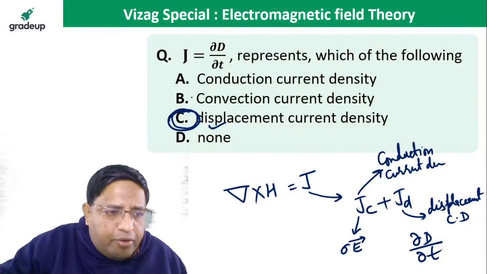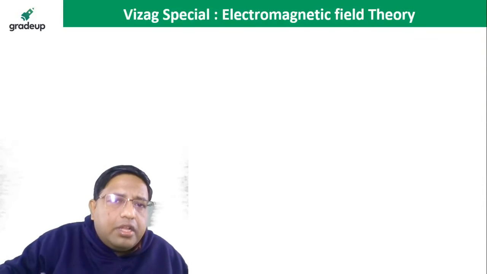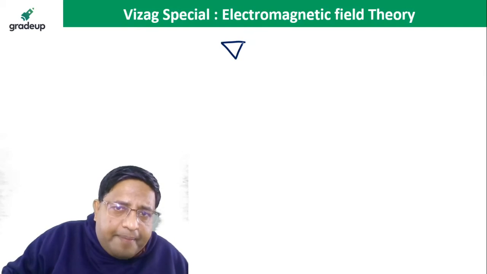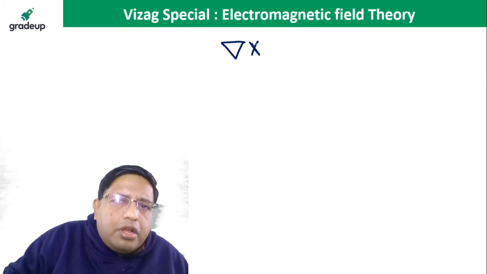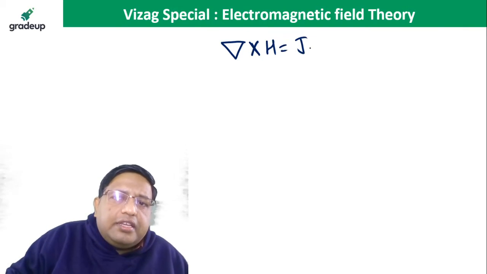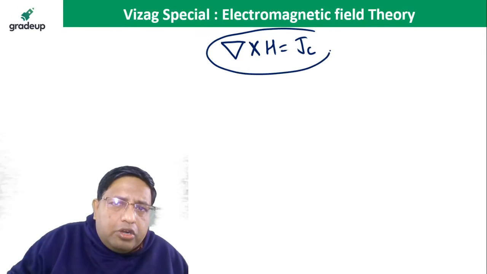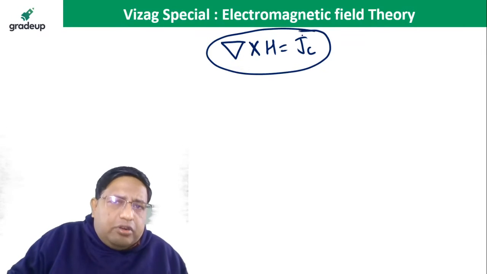I am writing the modification of the Ampere circuital law. It is the modification of the Ampere circuital law, because initially Ampere gave the answer for magnetostatic field: del cross H is equal to JC or sigma E. But it is not true for the electromagnetic field.